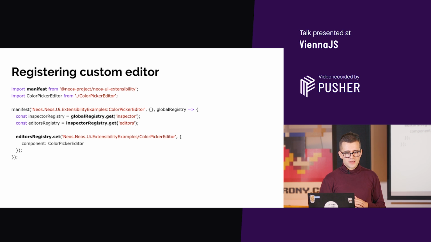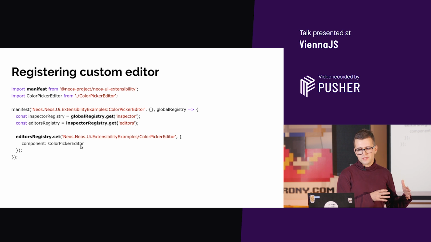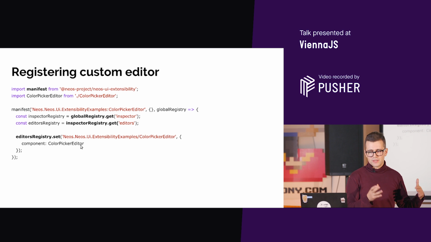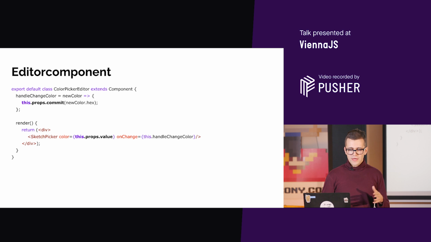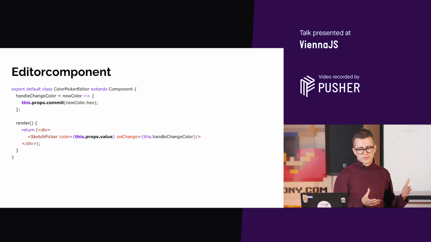And all he has to do is just kickstart this file and do the build, and he'll get the working plugin. And this is an example of a manifest file where we are hooking in a color picker editor and setting it to a registry as a color picker editor. And the React component that would be rendering the color picker itself is quite simple. Here it is.